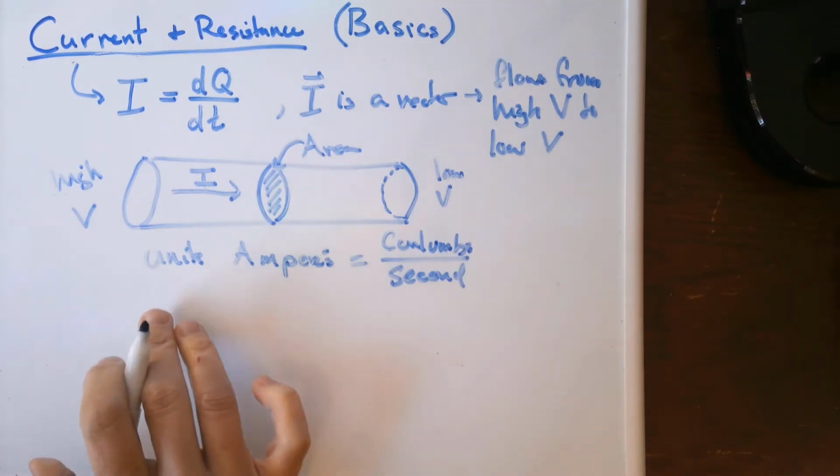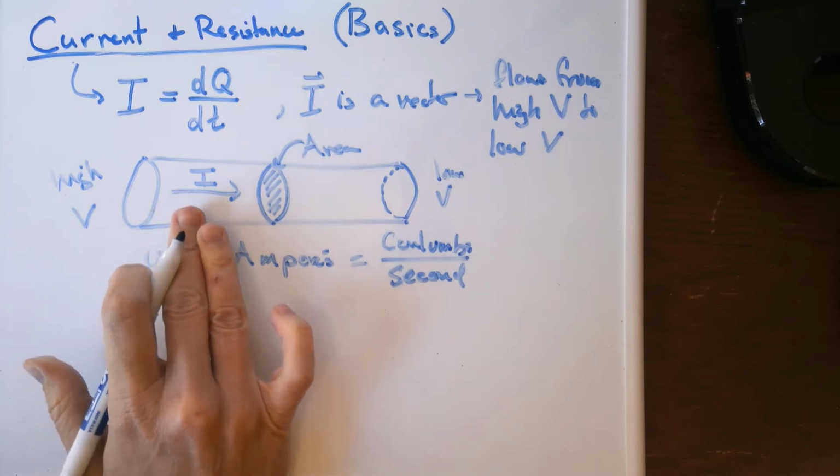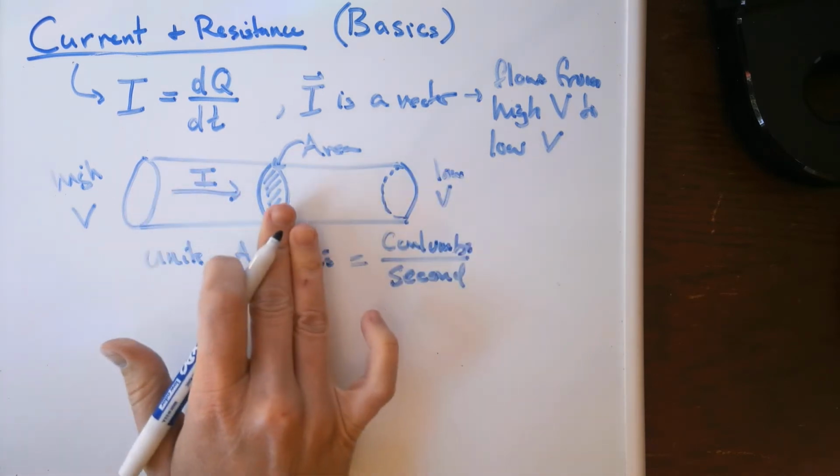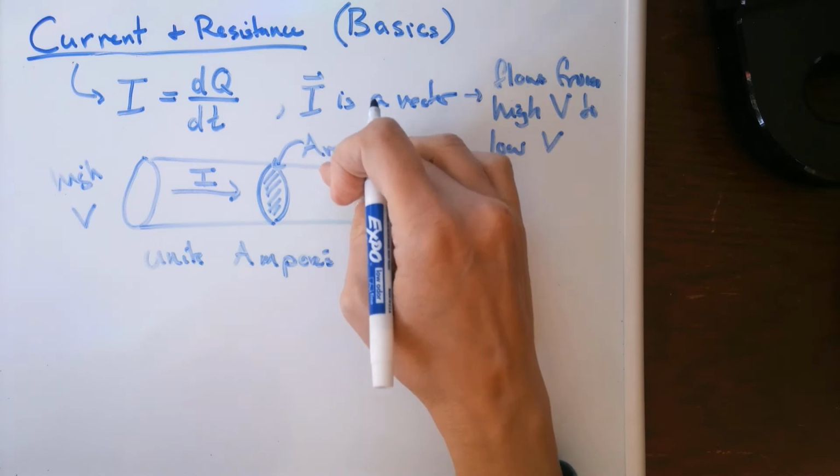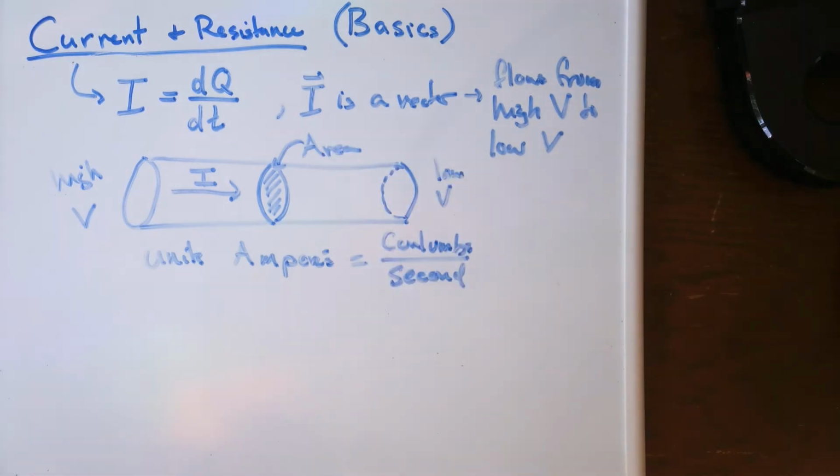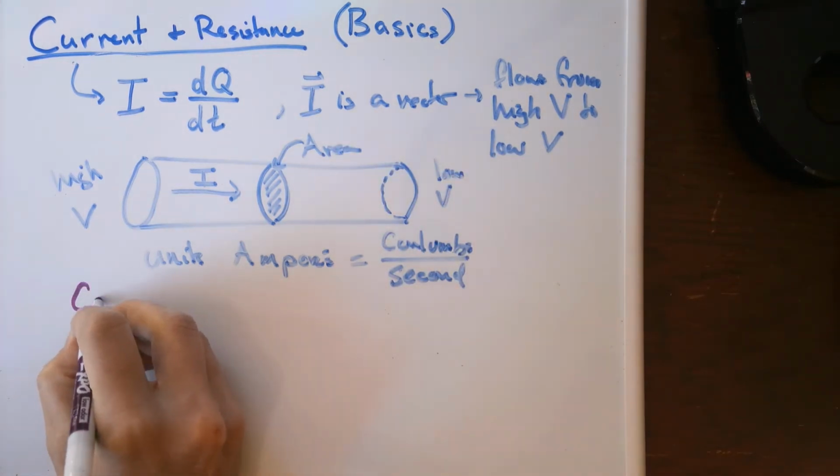All right. Now, sometimes we want to look not at the total current flowing through the wire, but rather what the current is doing in the different parts of the wire. So to do that, we will actually look at the current density.